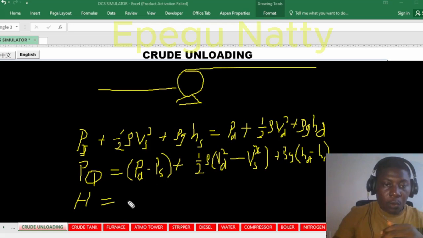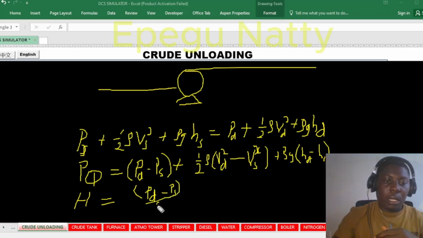When we do that, we have pressure at the discharge minus the one at the suction divided by rho g, plus, if you cancel the density out, V at the discharge square minus V at the suction square all over 2g.